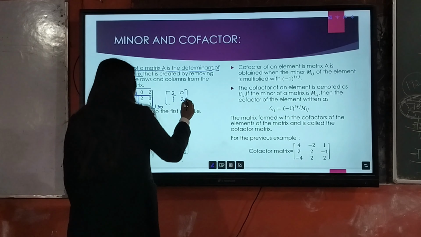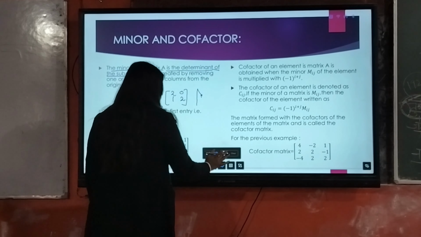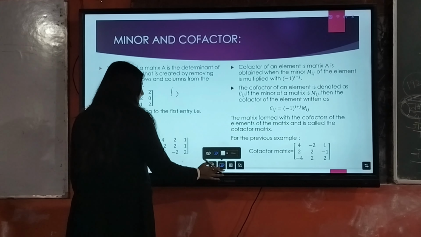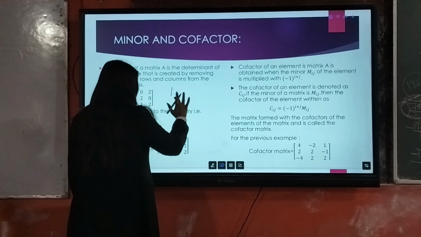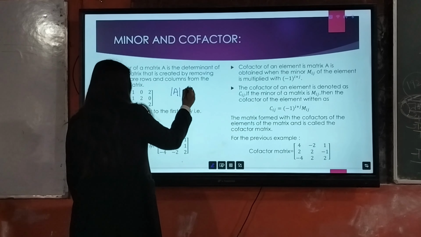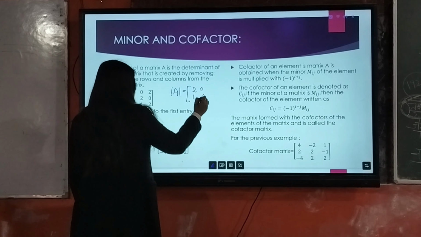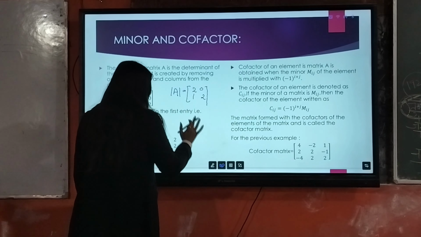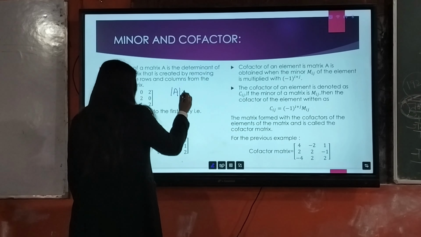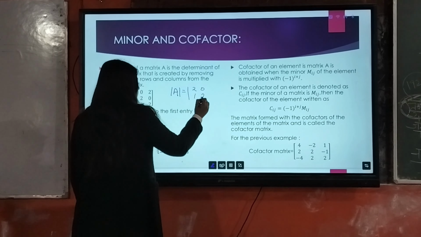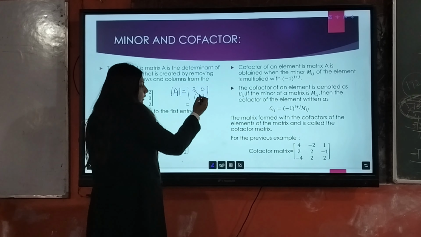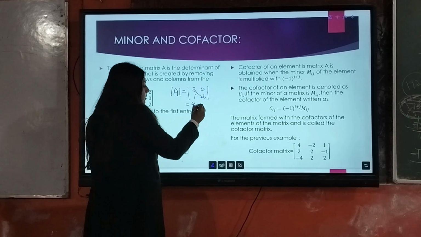Now we have to find the determinant. So we have studied earlier, we multiply the diagonal elements and then subtract them: 2 into 2, 4, minus 0.